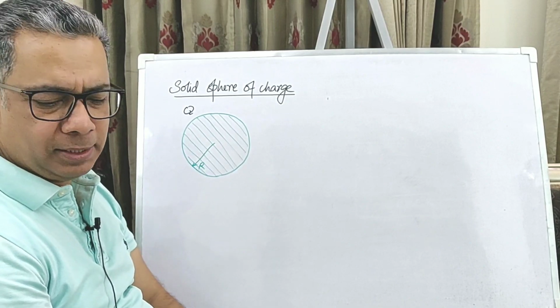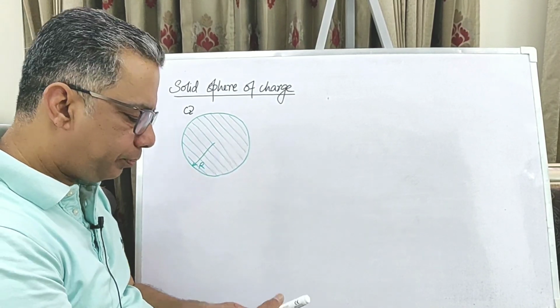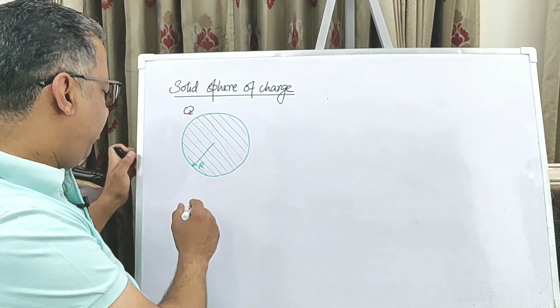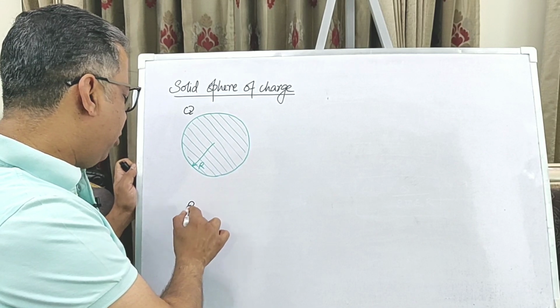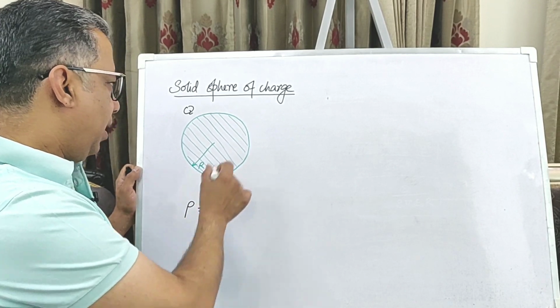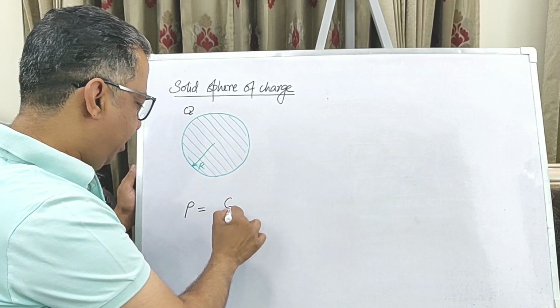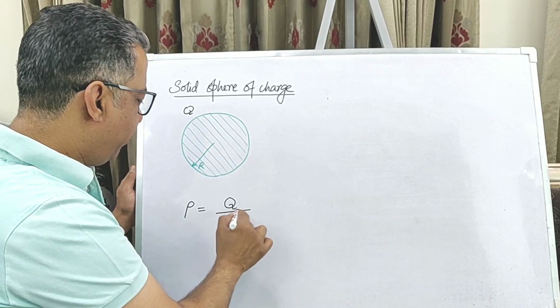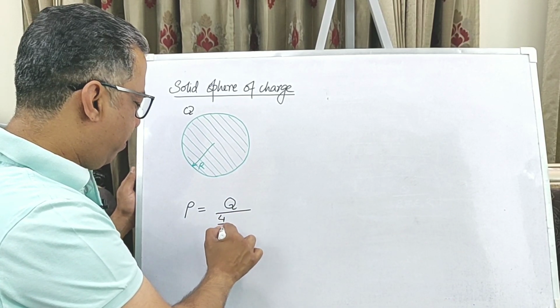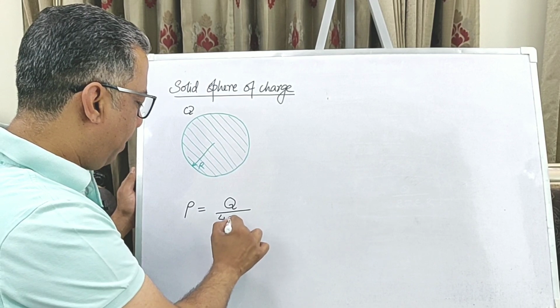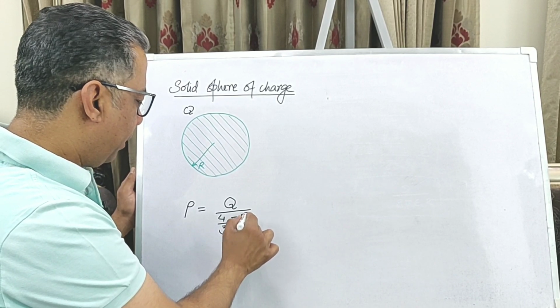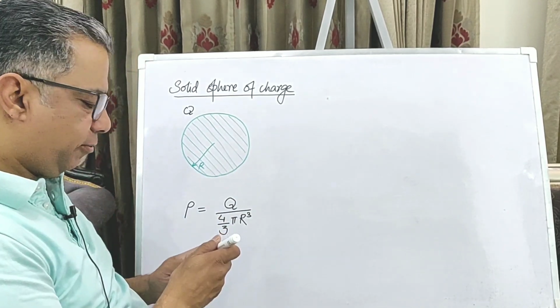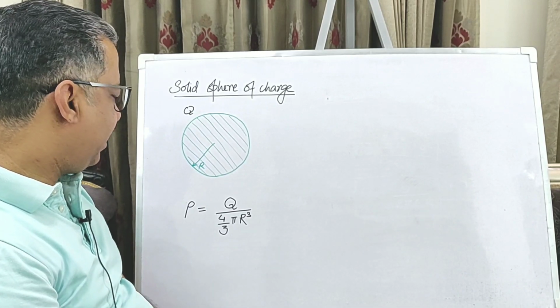Now let me explain this process to you. To start with, we need to understand the volume charge density. The volume charge density will be charge Q divided by 4 by 3 pi r cube.